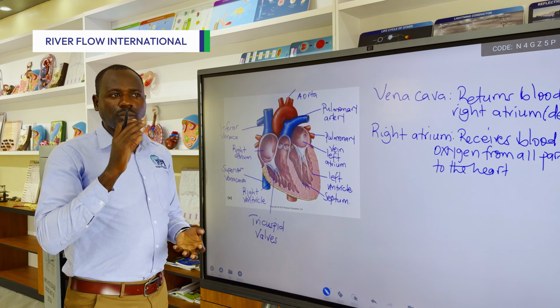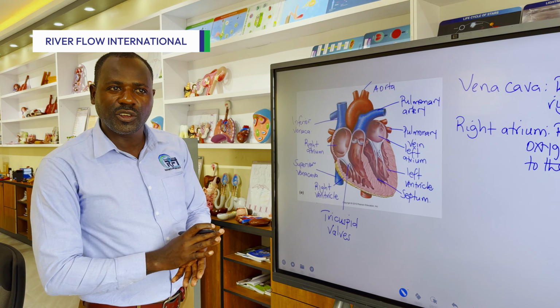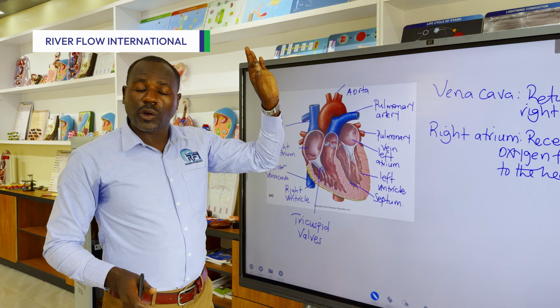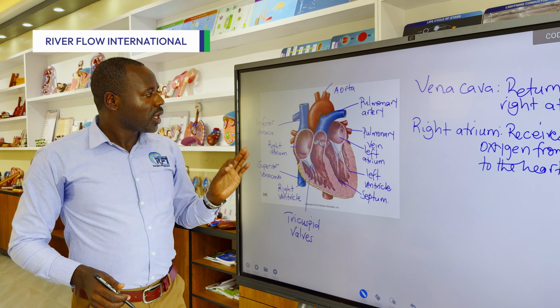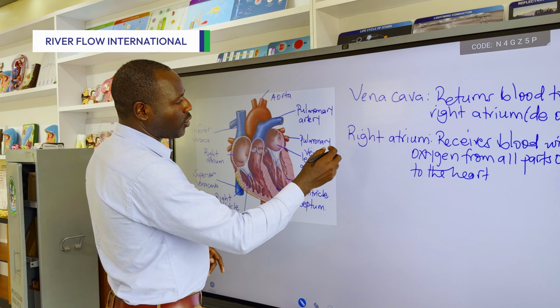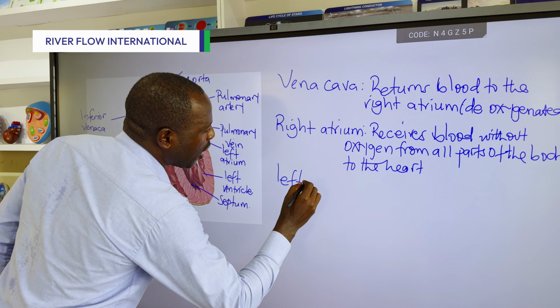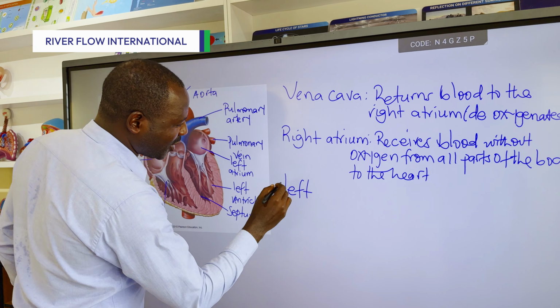I've told you, the pulmonary vein is the only vein that carries blood with oxygen in the body. And in the same way, the pulmonary artery is the only artery in the body that carries blood without oxygen in the body.